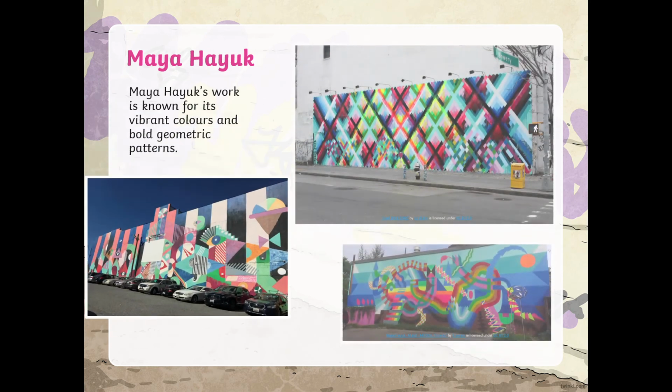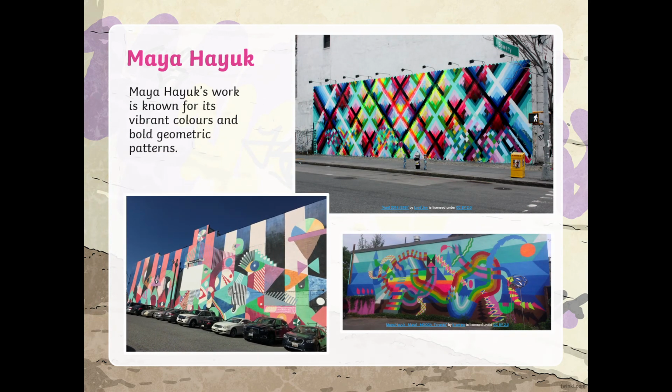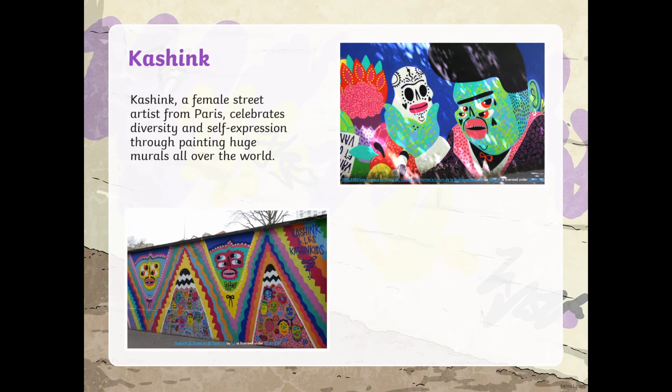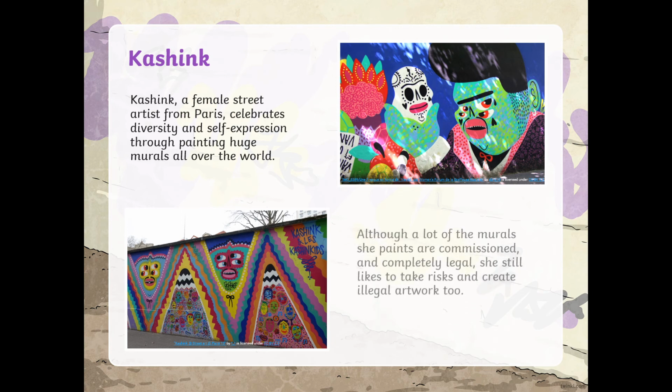We have Maya Hayuk, and Maya Hayuk's work is known for its vibrant colours and bold geometric patterns. So she uses shape to showcase that work. And Kashink, a female street artist from Paris, celebrates diversity and self-expression through painting huge murals all over the world.